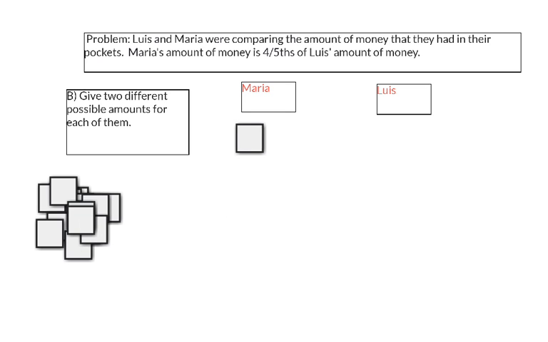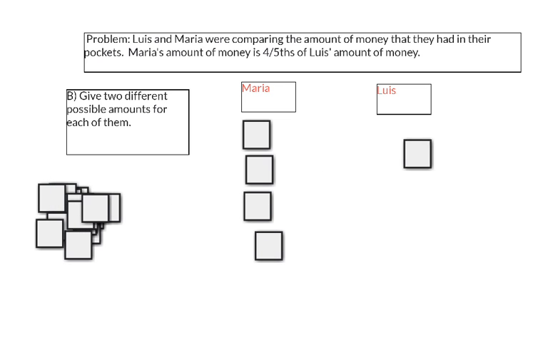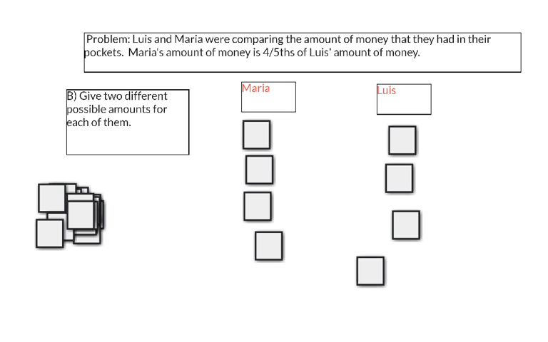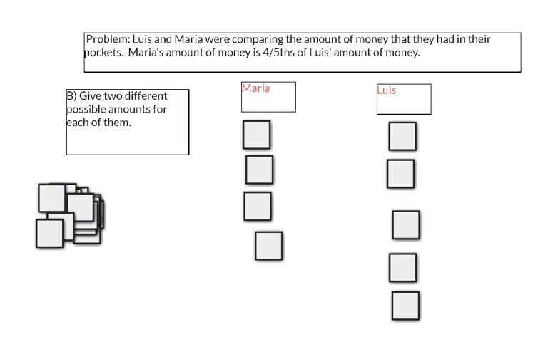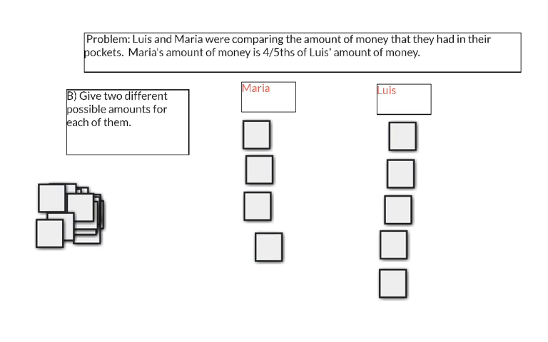So again, if we say that Maria has 4 and that Luis has 5 for every 4 that Maria has, there's a couple of different ways to look at this. And one is that the ratio will hold if you multiply this out by anything, as long as you multiply it to both sides of the equation.